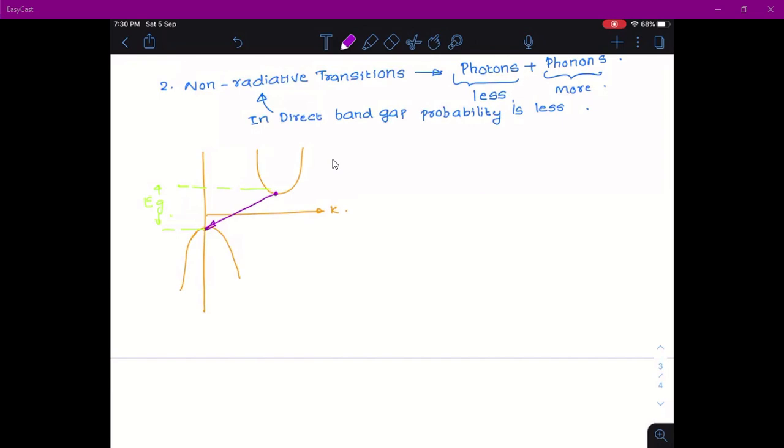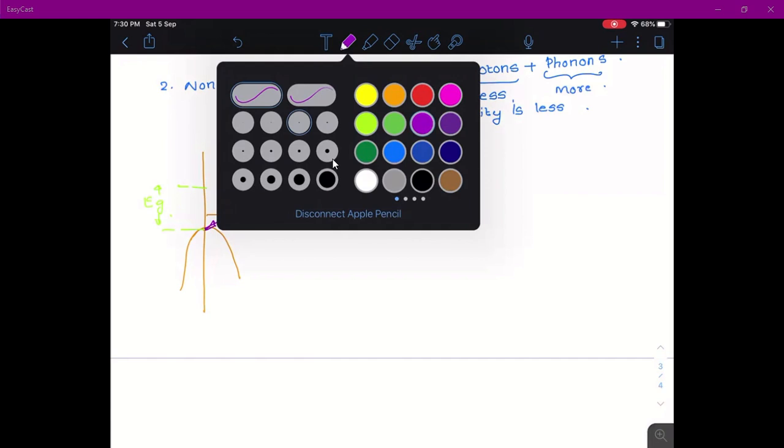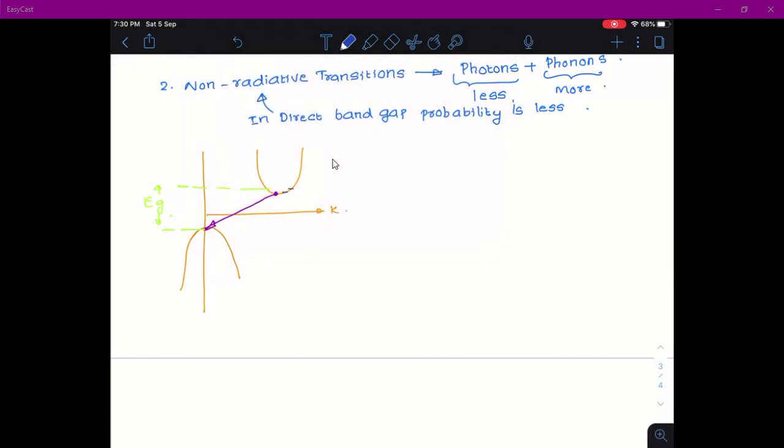So for an electron, in direct or indirect band gap, we have seen that when you draw the diagram, there are multiple energy levels or energy states in each of the bands. There are a huge number of states. When you connect them, you will have this band gap.